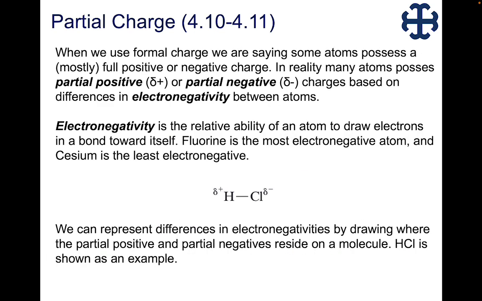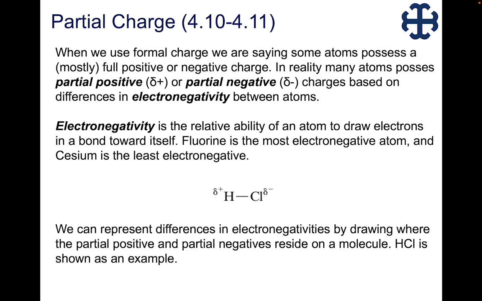We also have, of course, partial positive and partial negative charges, and that relates to electronegativity. The easiest way to remember it is to think that things close to fluorine on the periodic table are very electronegative, whereas things further from fluorine are less electronegative.